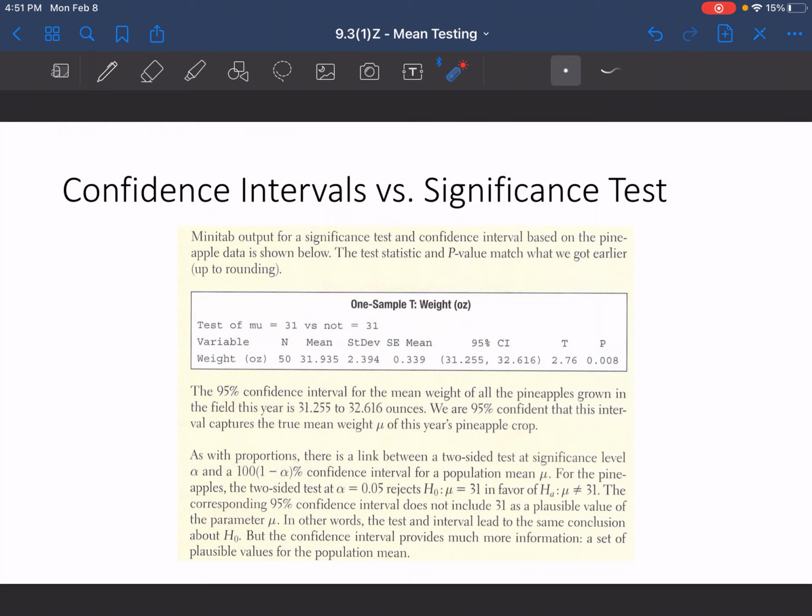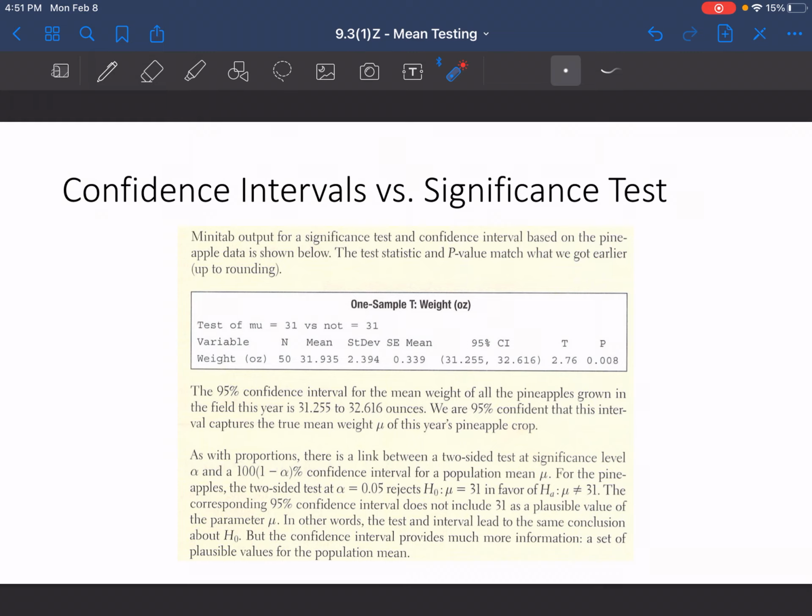The corresponding 95% confidence level, the flip side of 5% here, does not include 31 as a plausible value. So in other words, because we chose a significance level of 5%, we're 95% confident, and 31 is not going to be included in our confidence interval as a plausible value of the parameter mu.